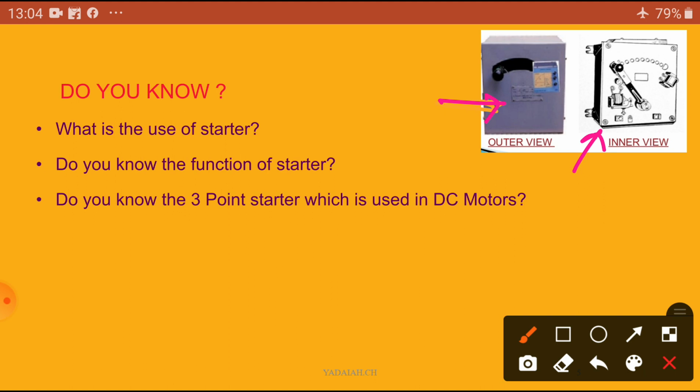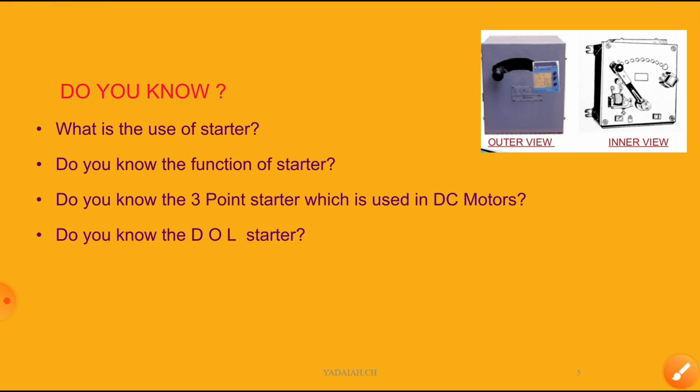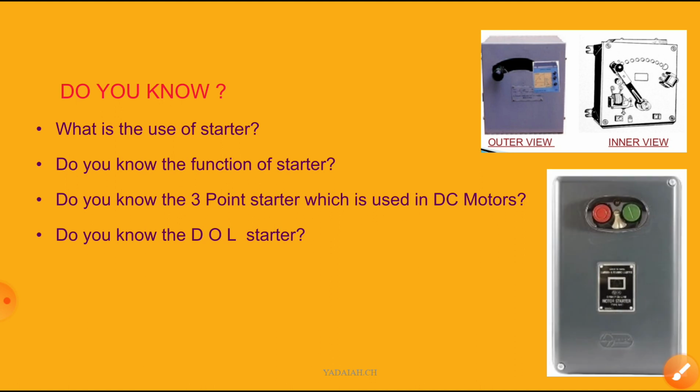Okay, now, do you know the DOL starter? What is a DOL starter? So you can see, this is a DOL starter. Everyone has observed it in our domestic pump, domestic motor, half HP and quarter HP, generally used to pump water from the sump to the overhead tank in our houses.